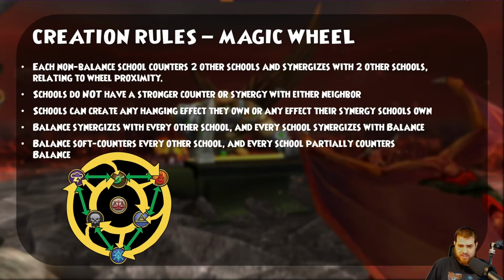And then every school partially counters balance because balance's combos use multiple hanging effects, and you'll see that as we go on. Balance tends to work with opposites of the wheel. So say, ice and life, they'll do a shield and hot kind of combo, in which case every other school can partially counter it because they can counter those effects.